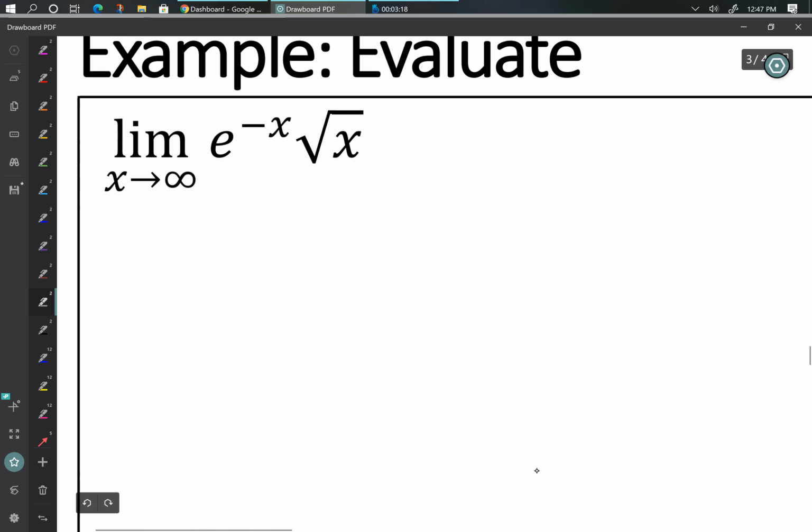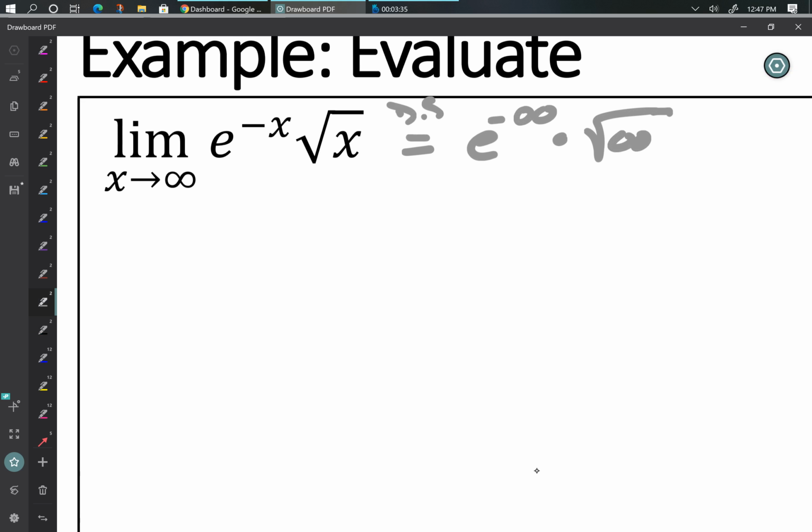So for example, here, if I attempt to apply direct substitution to this, I get e to the negative infinity times the square root of infinity. Now this is not math because you don't plug in infinity. It's conceptual. We're talking about what's going to happen to e to the negative infinity.